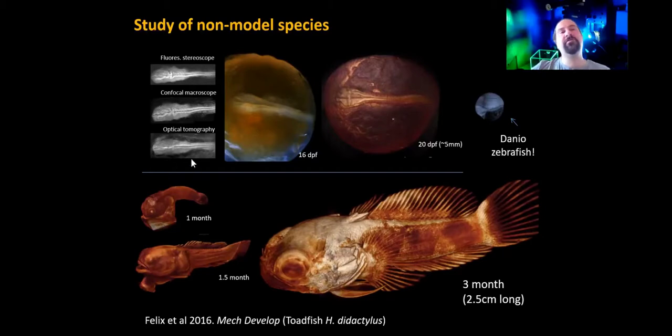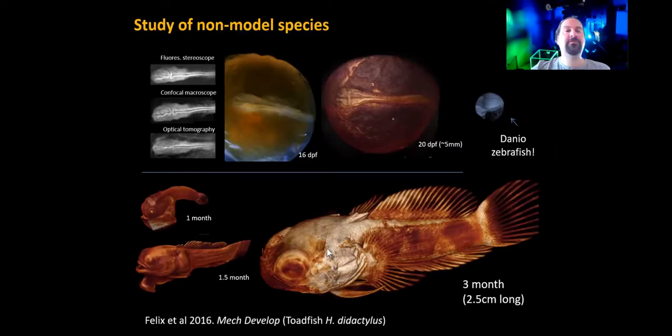With optical tomography, you compromise the resolution a little bit, but because you can actually do isometric optical slice reconstruction of the whole, even 5 millimeter or even 3 centimeter long embryos, you can actually get a lot more detail than you get with a confocal macroscope. And we demonstrated that in a publication a few years ago.